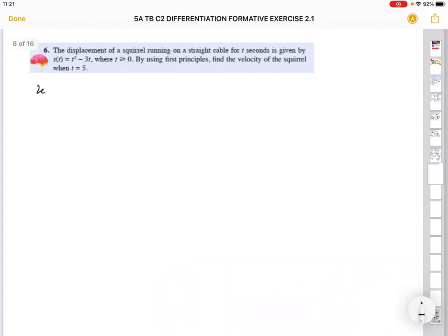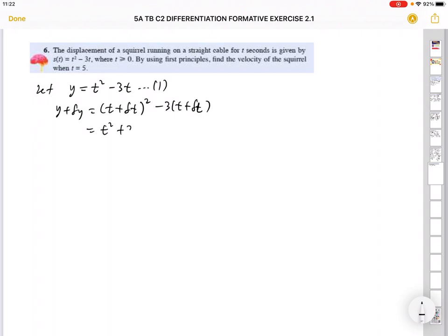Instead of using x now, we use t. Then your second equation, remember you got to sub in y plus delta y. This would be (t plus delta t) squared minus 3(t plus delta t). When you expand this, you get t squared plus 2t delta t plus delta t squared minus 3t minus 3 delta t. Equation number 2.